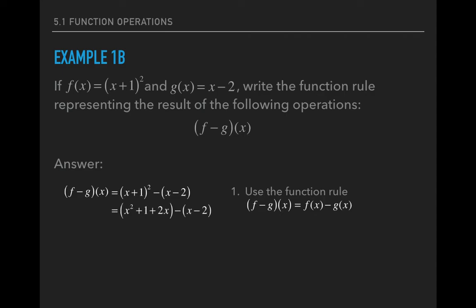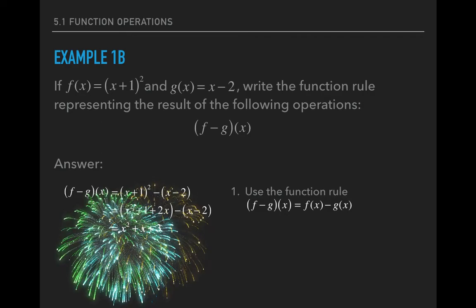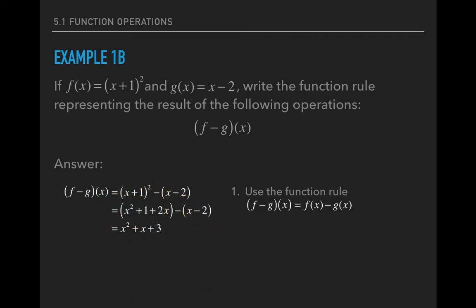Again, we have to sing the song and expand that squared binomial, and then very carefully combine like terms by subtracting. It would be x squared, 2x minus x is just x, and then that last term, 1, it would be minus negative 2. 1 minus a negative is actually plus, so that gives us 3.